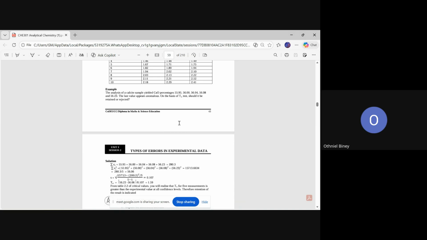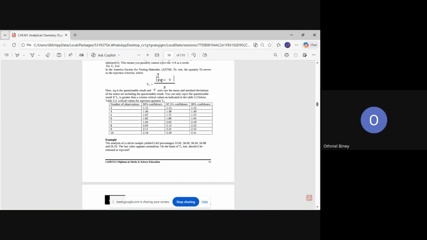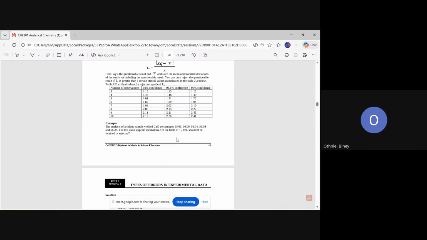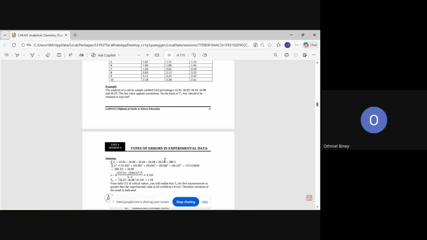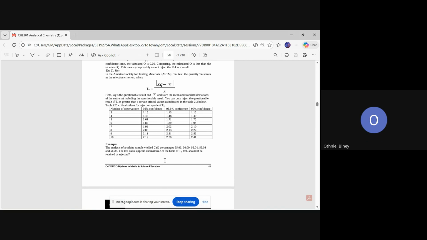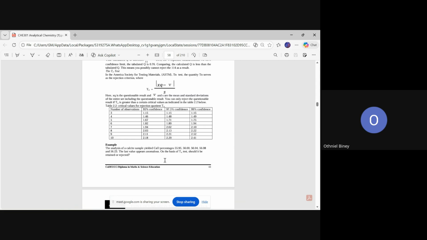After that, you substitute into the TN formula, and you bring the value you get back to the table based on the number of observations given. You can then determine whether the particular value would be retained or rejected. That's basically what we are saying for this one.